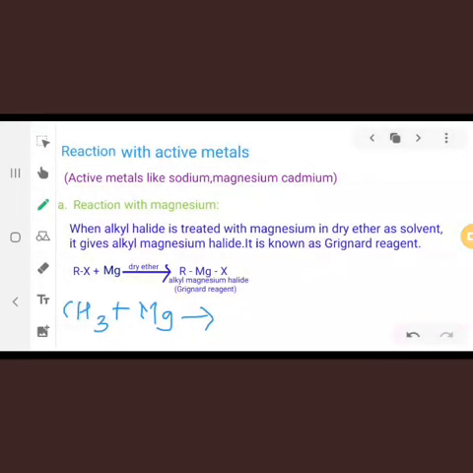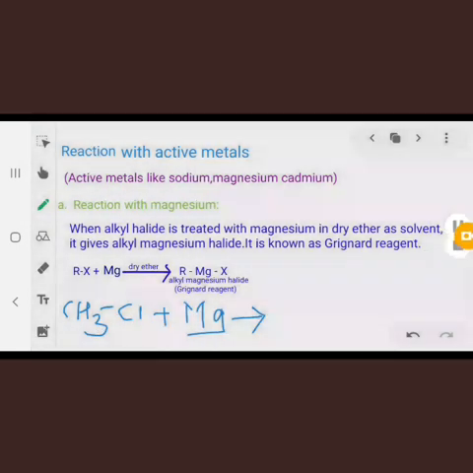See this. CH3Cl is our alkyl halide, methyl chloride, plus magnesium, the active metal. Okay, so what will happen over here? This magnesium will get added in between the alkyl group and Cl.